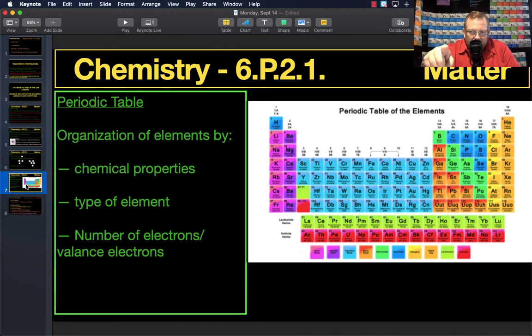It's got a green B at the top and then 4 oranges. All of those 5 have the same chemical properties. And then the rows: the bottom row, they all have the same number of electrons.